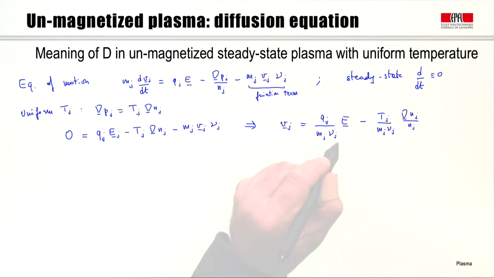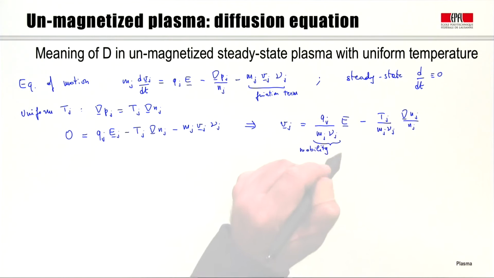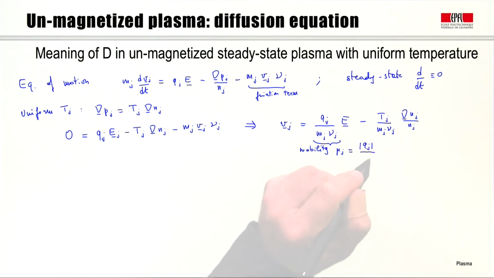The first term has a coefficient which is related to the mobility. I say related because it's pretty much the mobility, except the mobility is defined with the absolute value of the charge. There is no sign. It's the charge in absolute value divided by the mass times the collision frequency, mj times nu j.